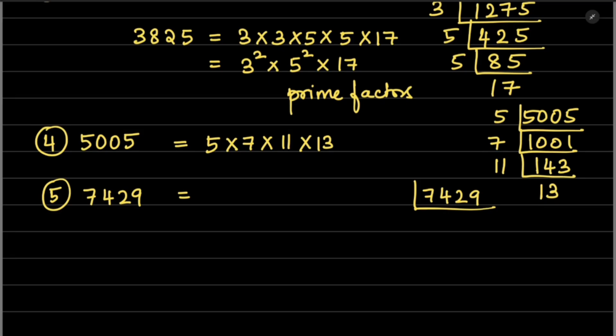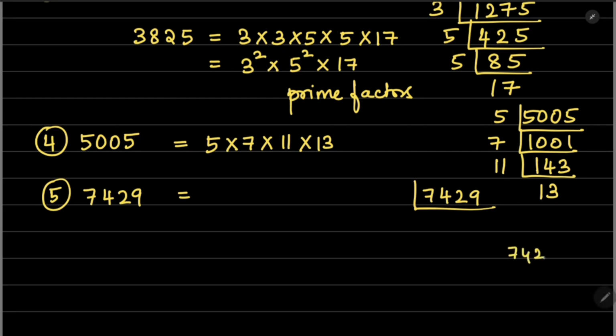Okay, so here, if you start with 2, 2 is not divisible, 3 will not be divisible, 4 should not even be used because 4 is not a prime number, and then 5, no, because it ends with 9, and then you can try with 7.